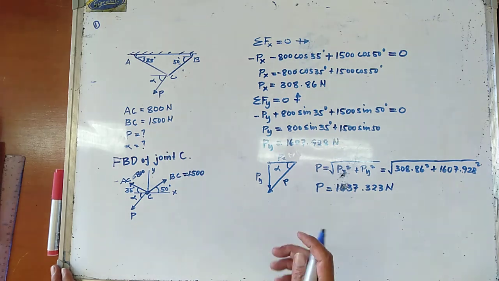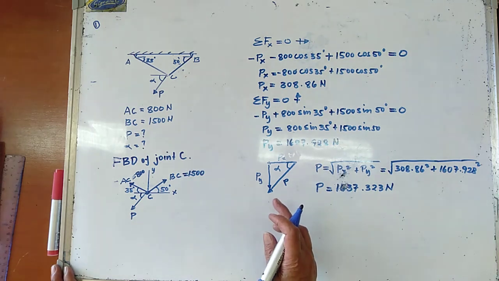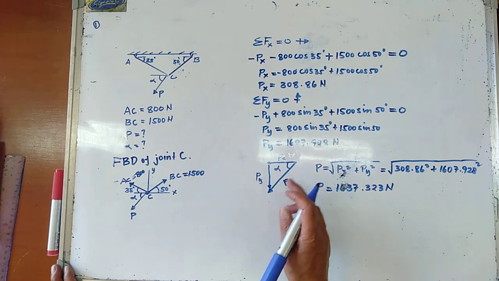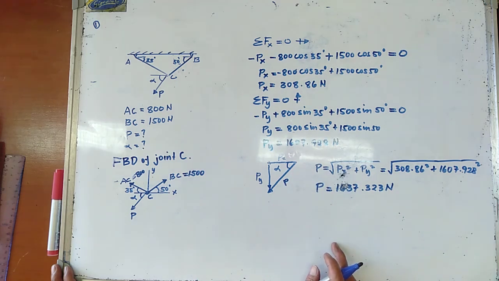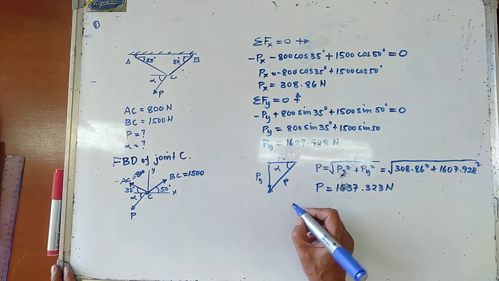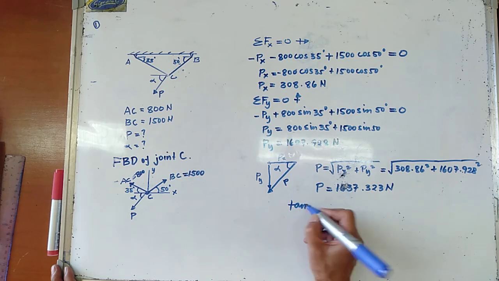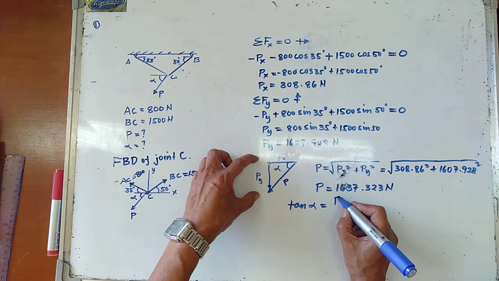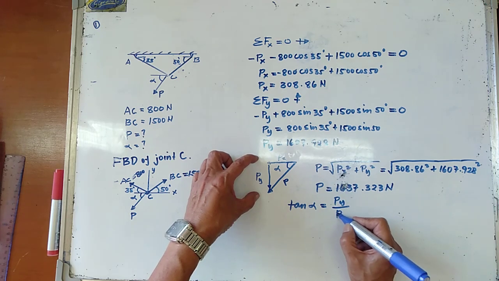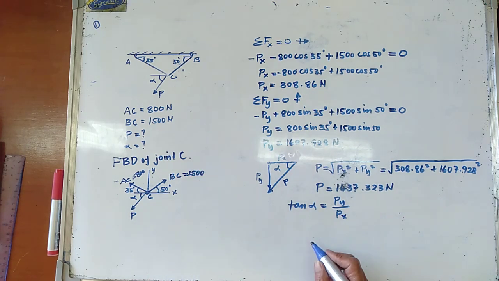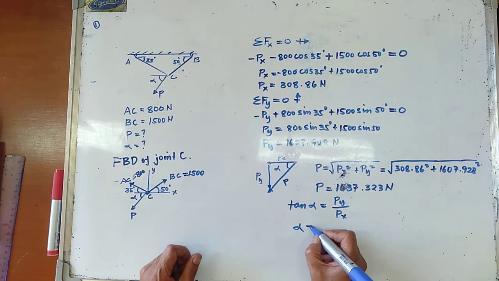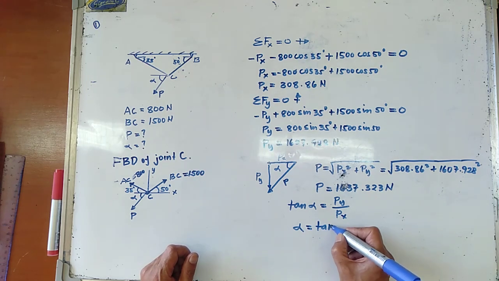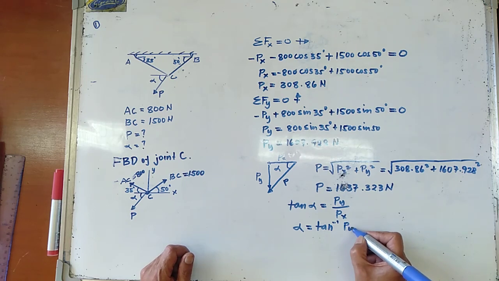Now, let us determine the angle that your P makes with the horizontal. If you get the tangent of alpha, that is equal to the opposite, Py, all over Px. In other words, your alpha is equal to the arctangent of Py all over Px.